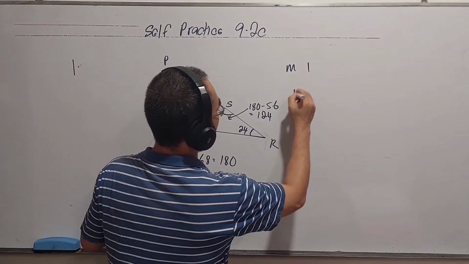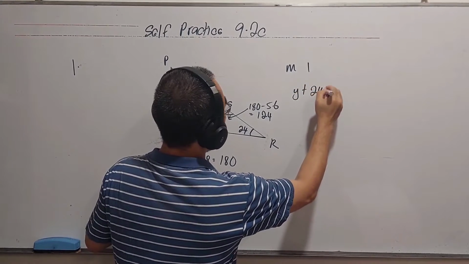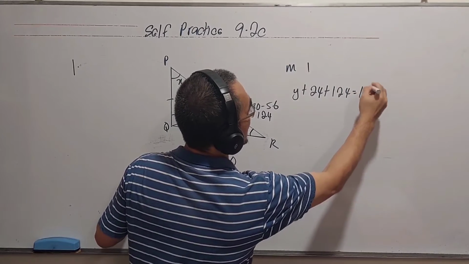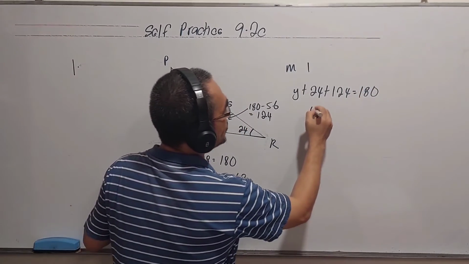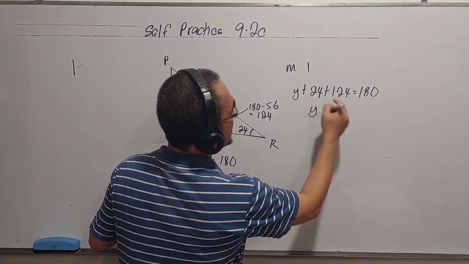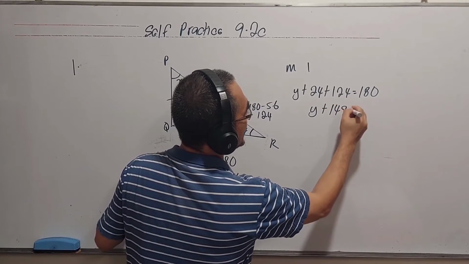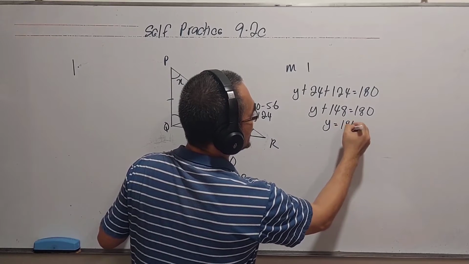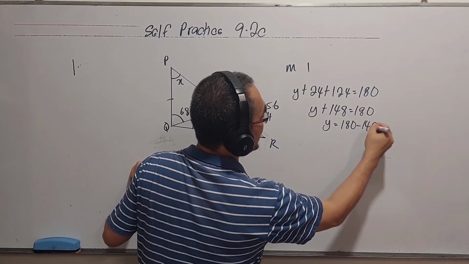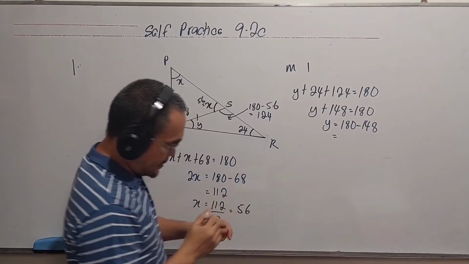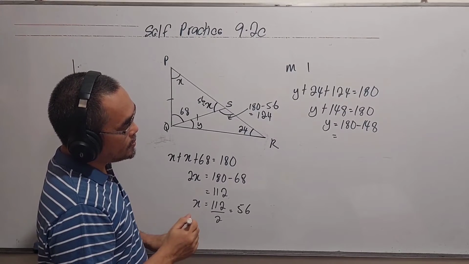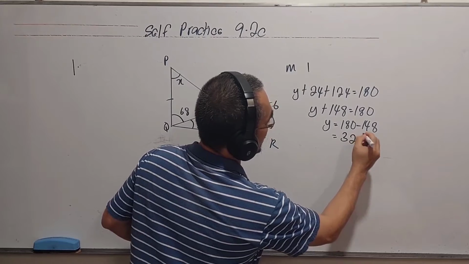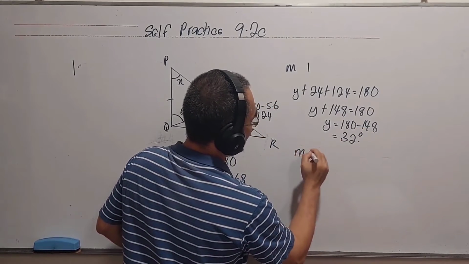So y plus 24 plus 124 equals 180. And here is y plus 148 equals 180. So y is 180 minus 148, that is 32 degrees. That is method 1.